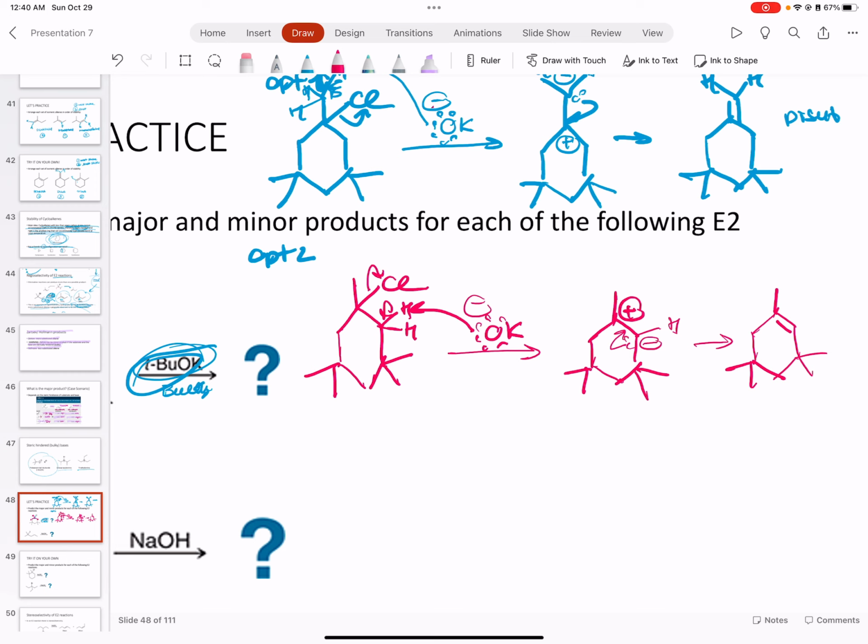Okay, so then let's see, let me check. Oops, the thing is that I don't want the products to mesh together or anything, but I do want to show you how the product's gonna look like without that hydrogen, so we can tell whether it's mono, di, or tri, or tetra substituted. Okay, so then this one is gonna be tri.